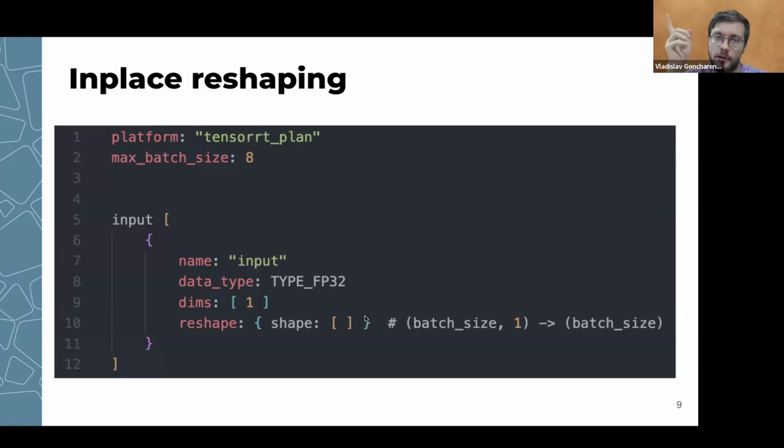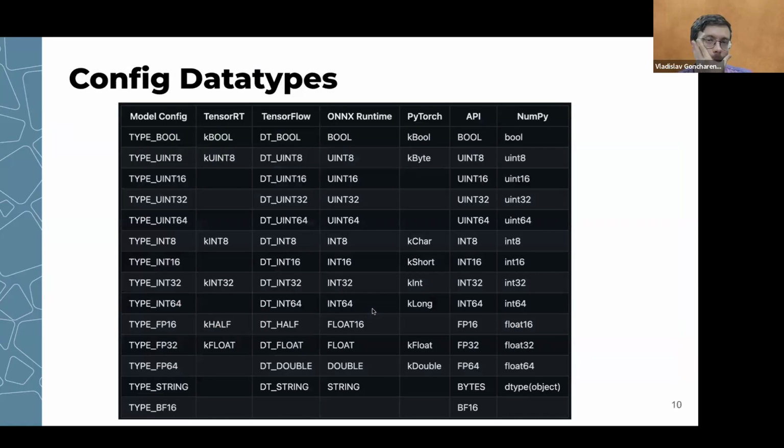If your client sends you one object, sometimes it can be shaped without an explicit batch size dimension, and for your users not to be bothered by such a situation, you can enable this extension inside Triton inference server. So this is one more thing.